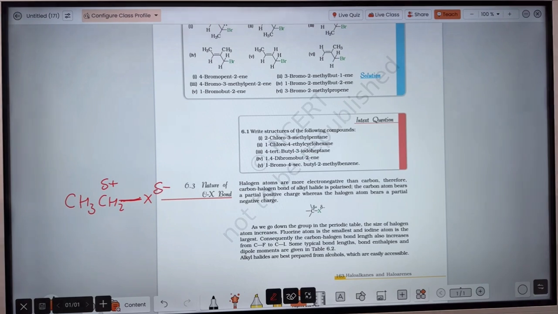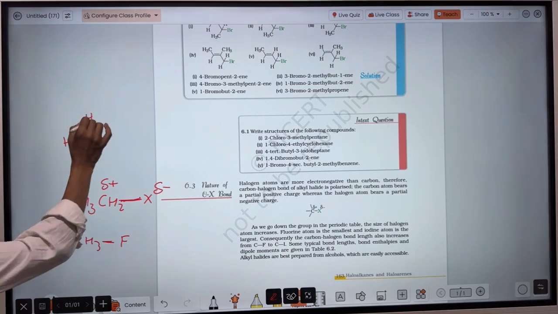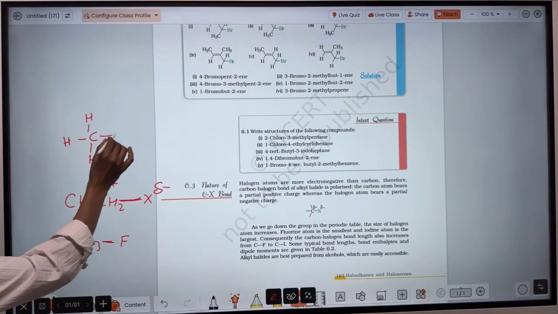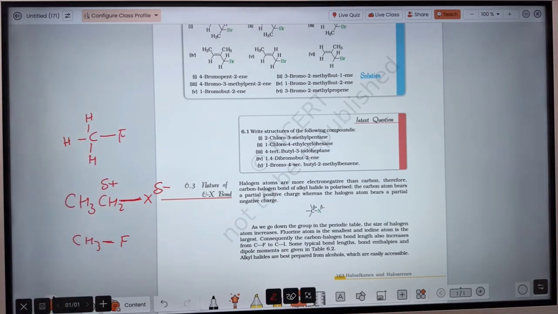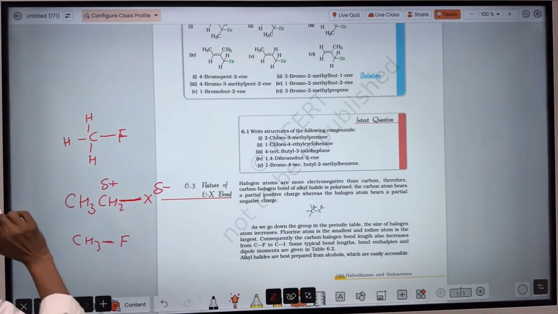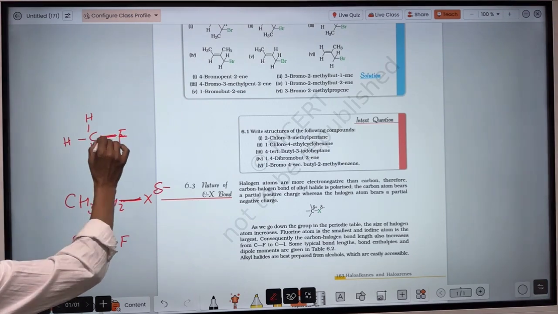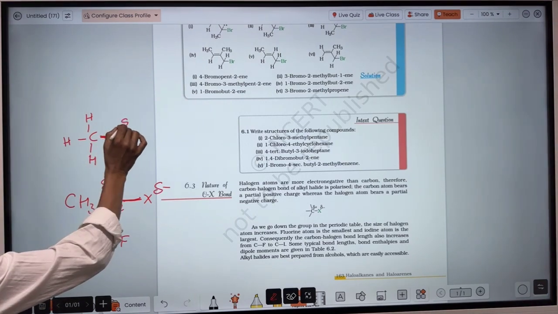carbon atom. For example, take fluoromethane. There is sigma bonding between the carbon and the fluorine. And since fluorine is more electronegative, the fluorine atom attracts this shared pair of electrons towards itself more extensively.